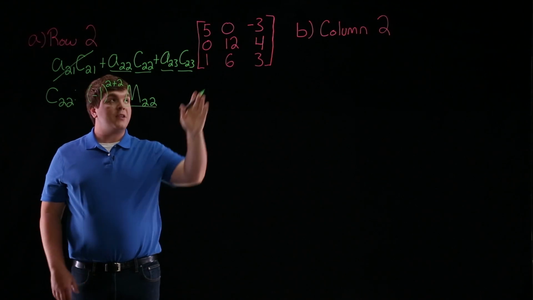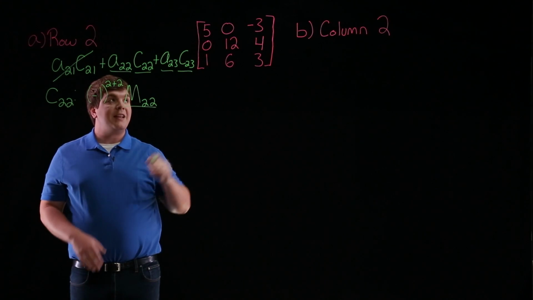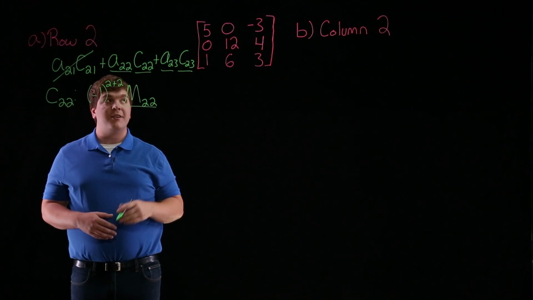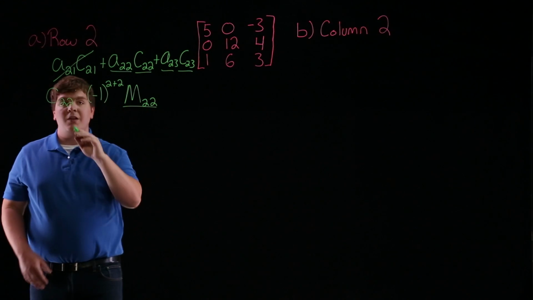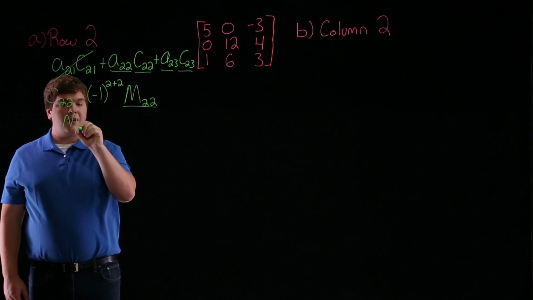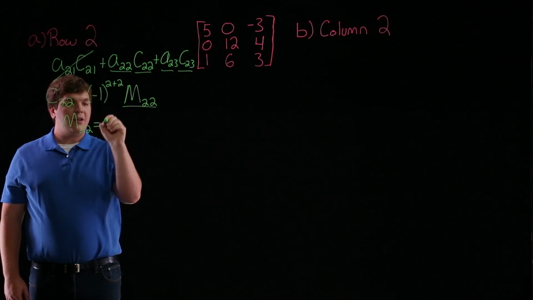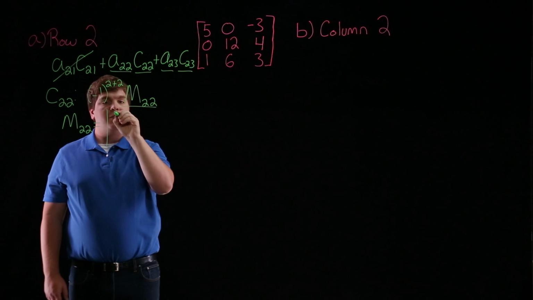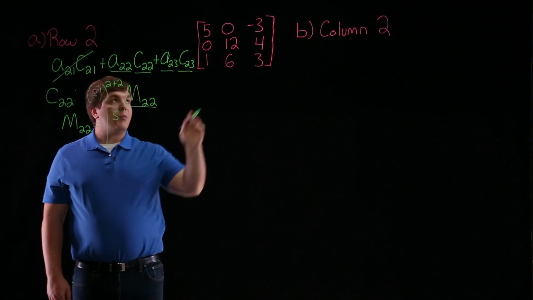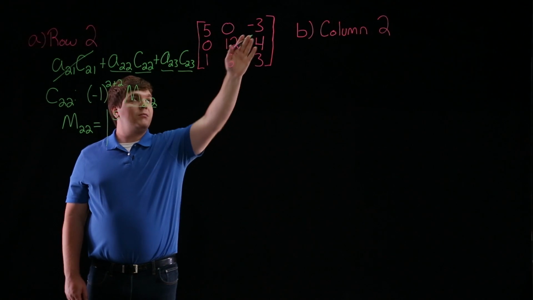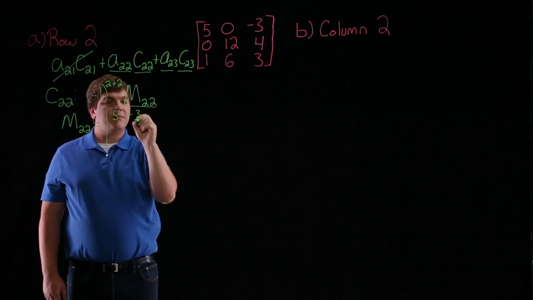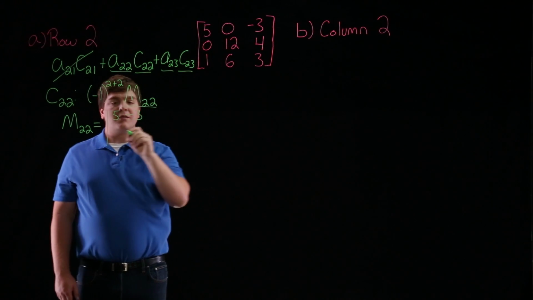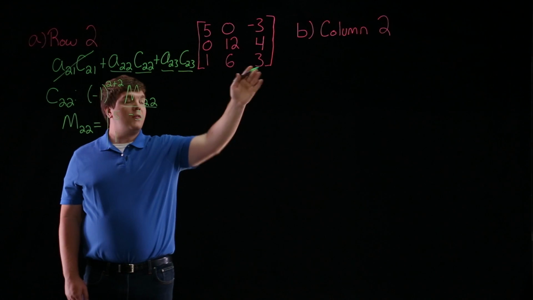So what we'll do is we'll take our original matrix and we'll delete the second row and the second column, and we'll take the determinant of that matrix. So what this leaves us with is M22 is equal to the determinant of the matrix 5. Remember, we're deleting the second column, -3. We're also deleting the second row, so we'll have 1 and 3.